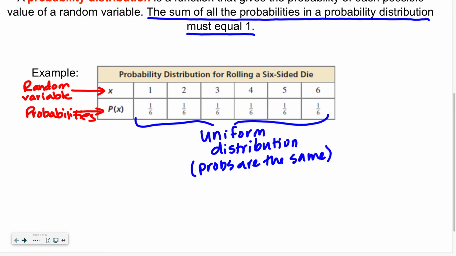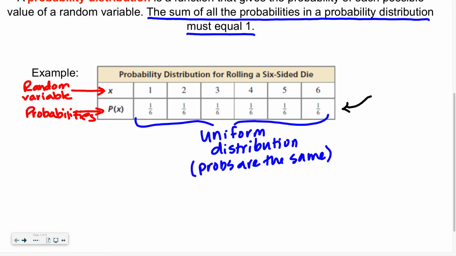So, we're going to talk about the binomial distribution in the last half of these notes. A uniform distribution is another type of probability distribution where all the probabilities for all the outcomes are the same. And then just to go over this part that I underlined, the sum of all the probabilities in the experiment must equal 1.